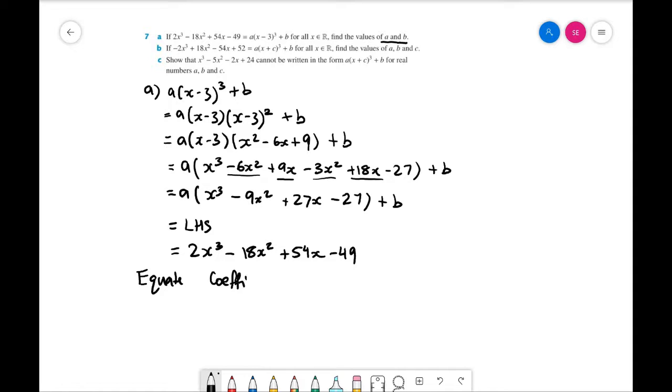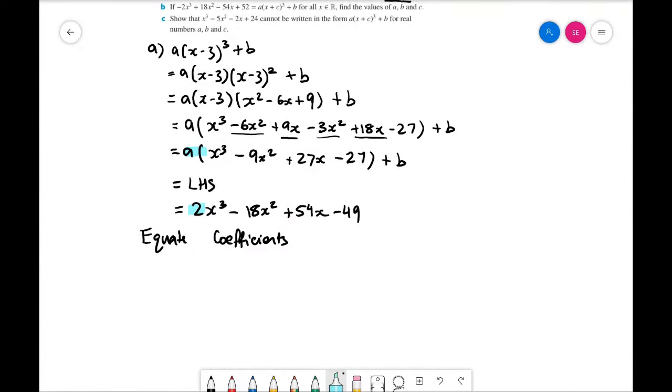Alright, now what we're going to do is equate coefficients. Well, we know that the coefficient of x cubed is 2 on the left-hand side. Now, maybe I'll expand this out to make it a little bit clearer.